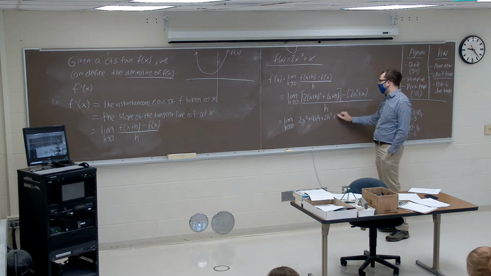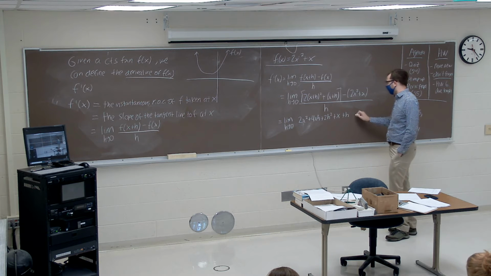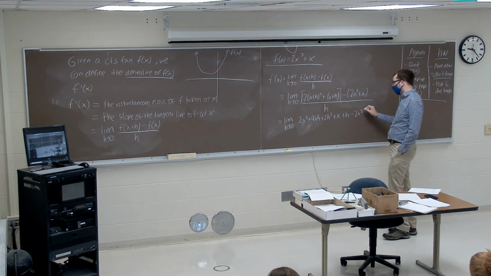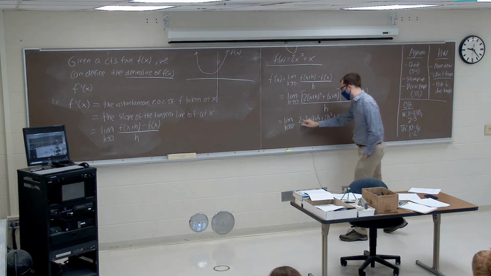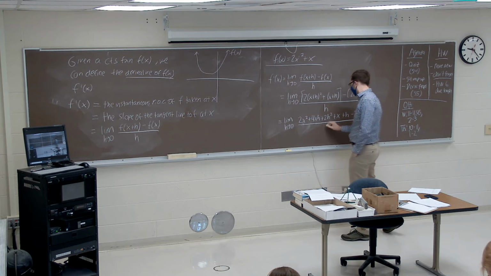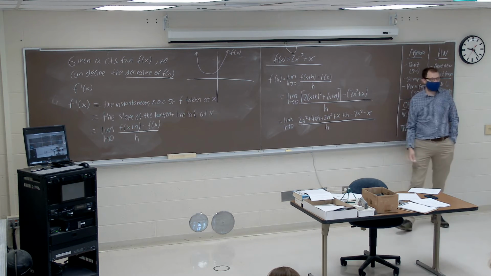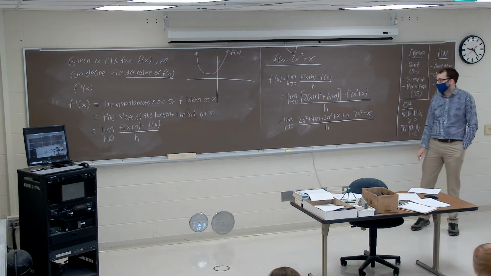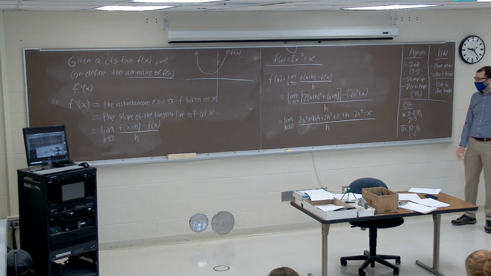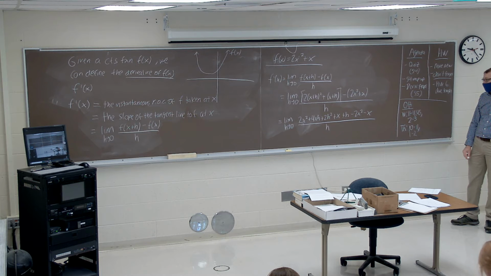We'll get plus x plus h minus 2x squared minus x, all over h. Get a lovely looking expression here.